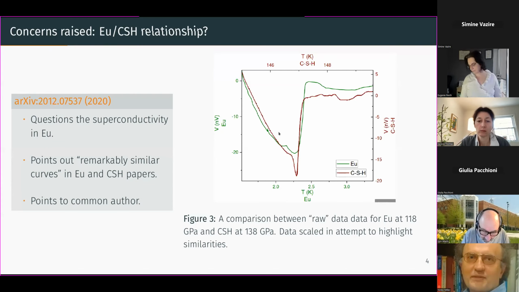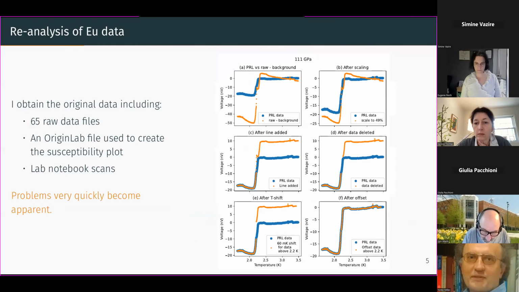And so I'm going to explain the issues that were found in both of these papers. After we pressed for the raw data, eventually that data was discovered on an old computer, and I obtained that data.